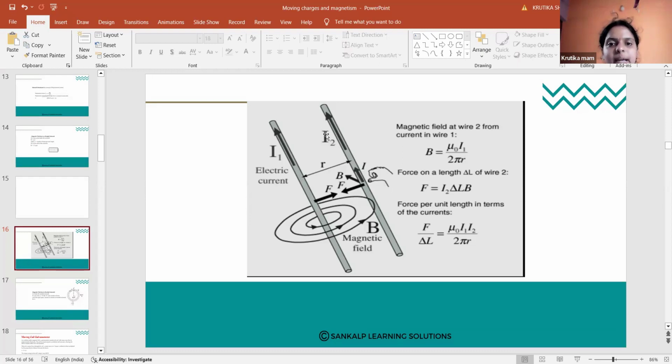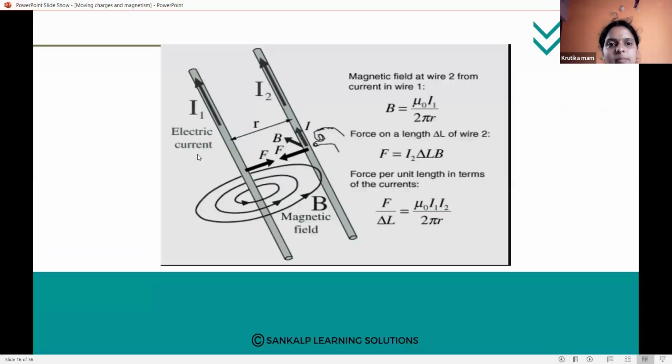For that we have the current carrying conductors, as you can see there in the figure. I1 and I2 are the two current carrying conductors. According to Oersted, whenever we have current carrying conductors, around them we have a magnetic field.